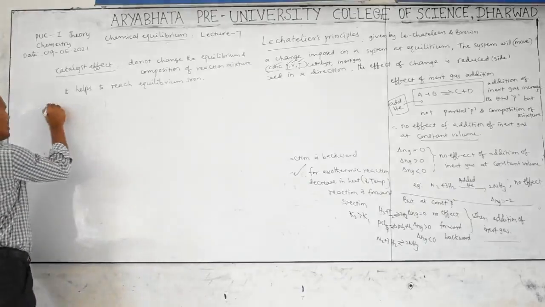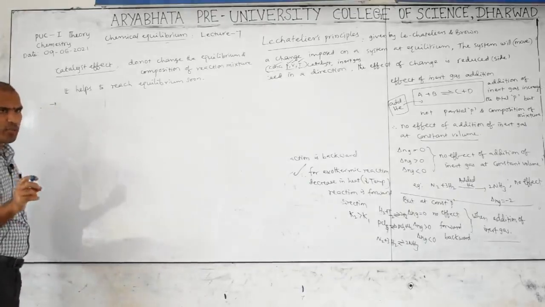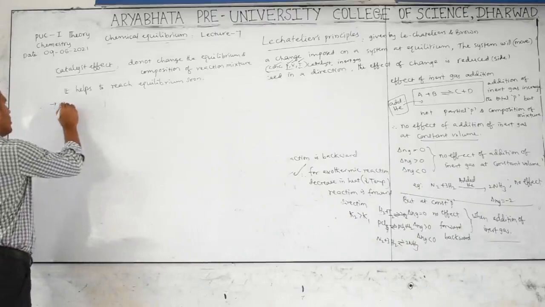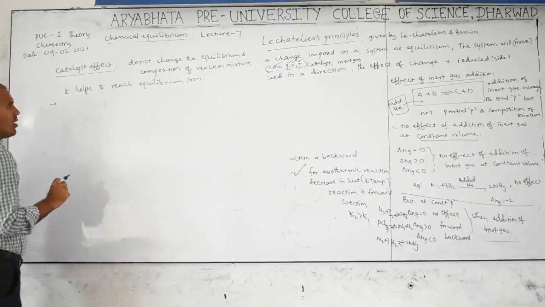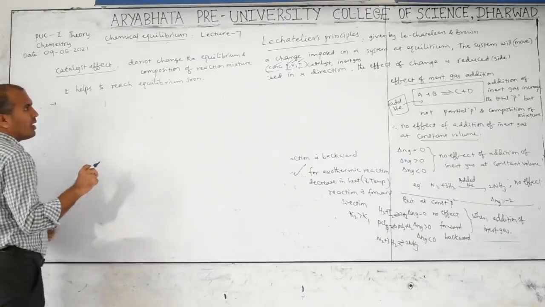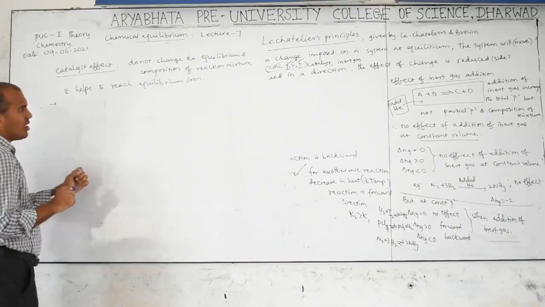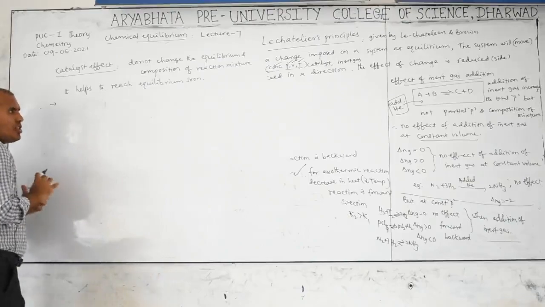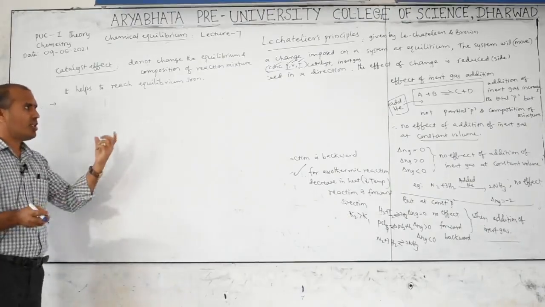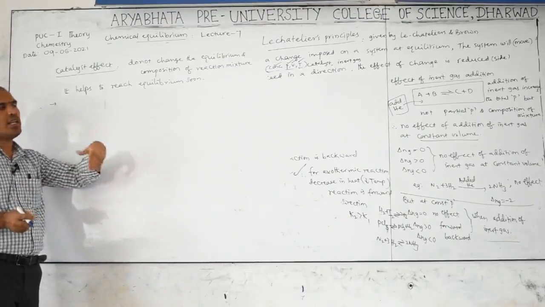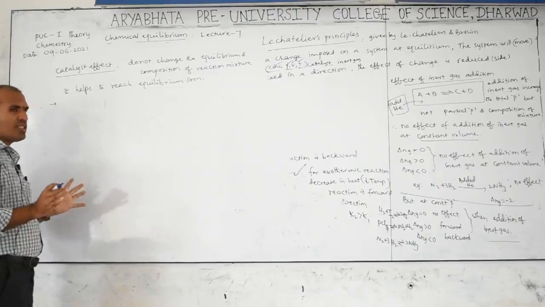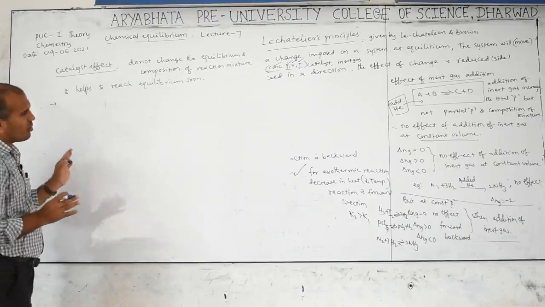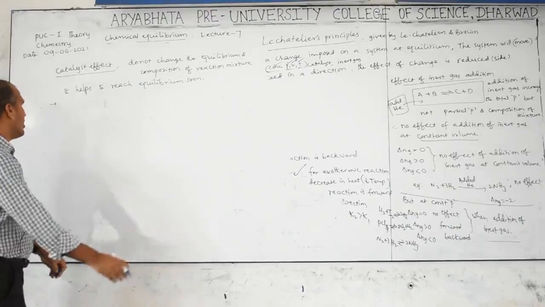So a catalyst does not appear in the chemical equation. When you are writing any equation, it does not involve a chemical change. Only a physical change may appear, because initially it may be solid and later also solid, or liquid or gas. So physically it may be affected, but chemically, whatever the formula is, that formula only will remain.